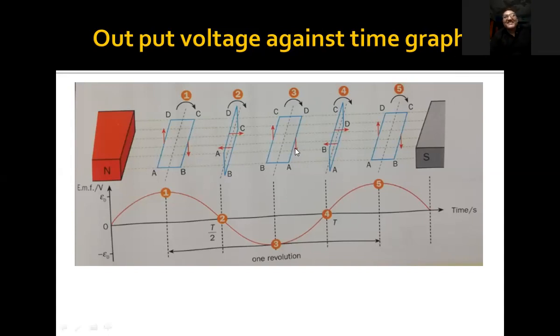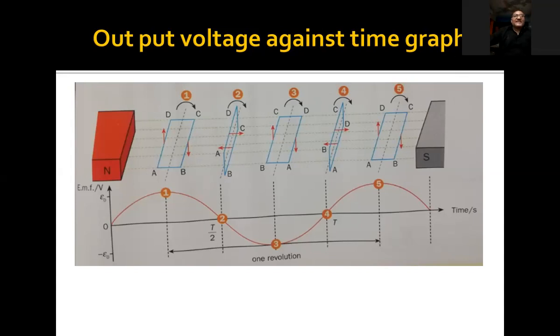You see, here the direction of the current and here the direction of the current are opposite to each other. So if this is a positive current, then this will be a negative current. If the EMF induced here is positive, the EMF induced here will be taken as negative. So when the AD is going upward, the induced EMF, if you take it as positive, then when the AD is going downward in the magnetic field, the EMF induced will be taken as negative.